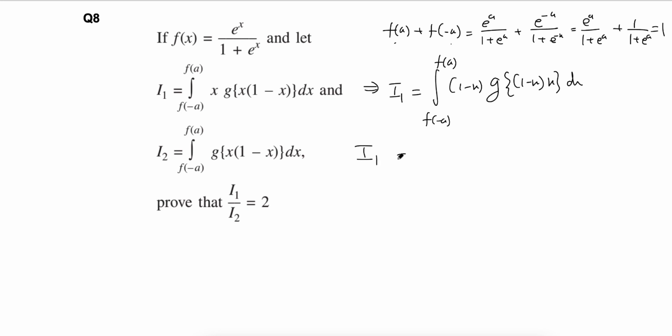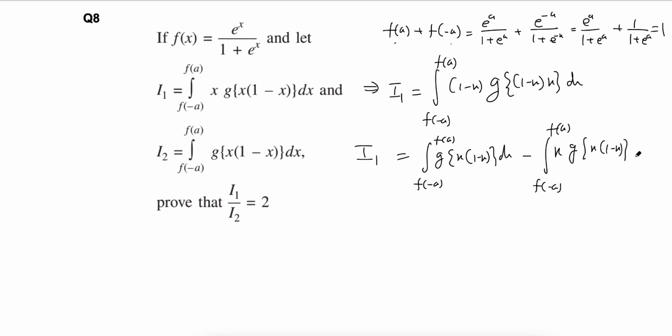So I1 equal to this multiplied, so you will get integral from f(minus a) to f(a) of g(x) into (1 minus x) dx minus, because this I am sending inside, integral from f(minus a) to f(a) of x into g(x) into (1 minus x) dx.